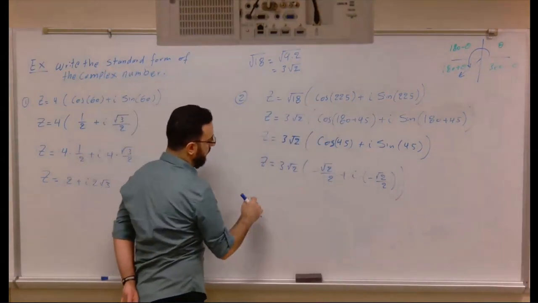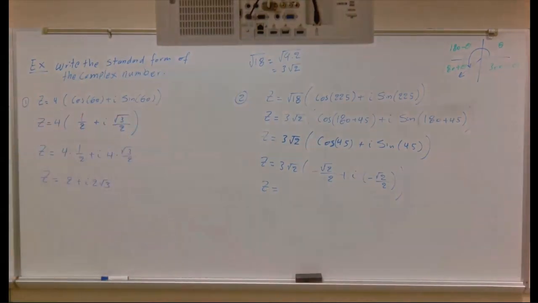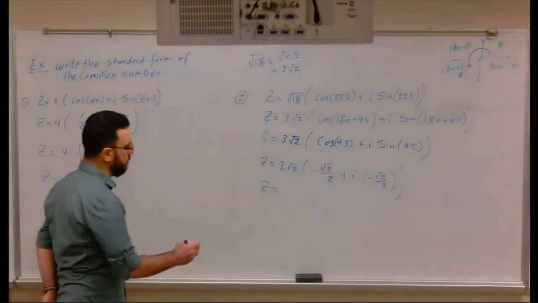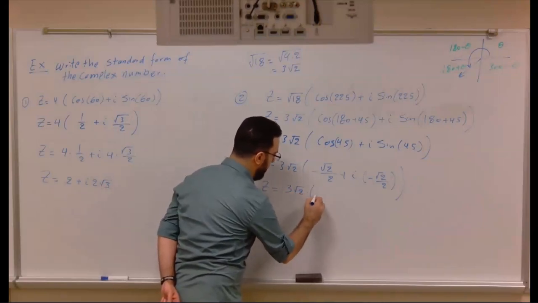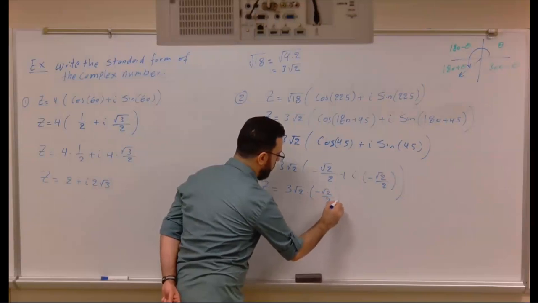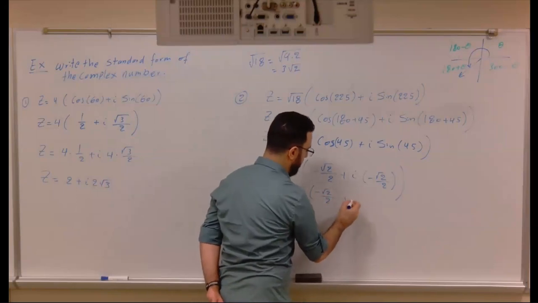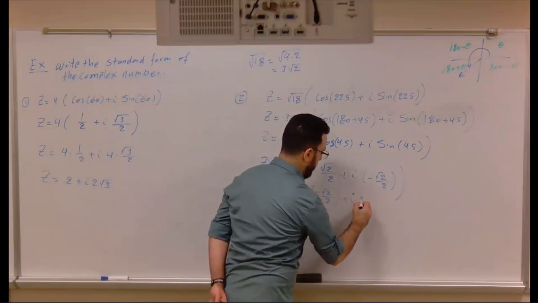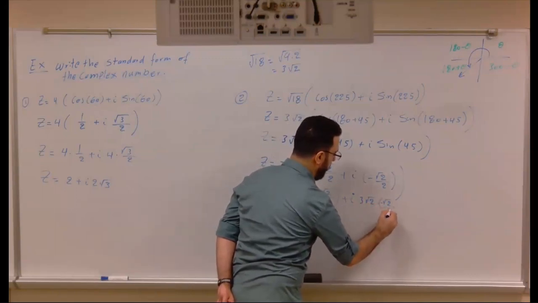Now we're just going to multiply. Z is going to be equal to what? If you multiply, it's going to be 3 square root of 2 times negative square root of 2 divided by 2, plus I times 3 square root of 2 times negative square root of 2 divided by 2.